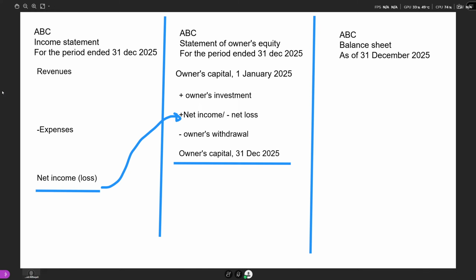In your balance sheet, what you are going to see is all your assets, all of your liabilities, and your equity. Under the equity, you are going to show your capital at the end of the period, which is 31st December 2025.